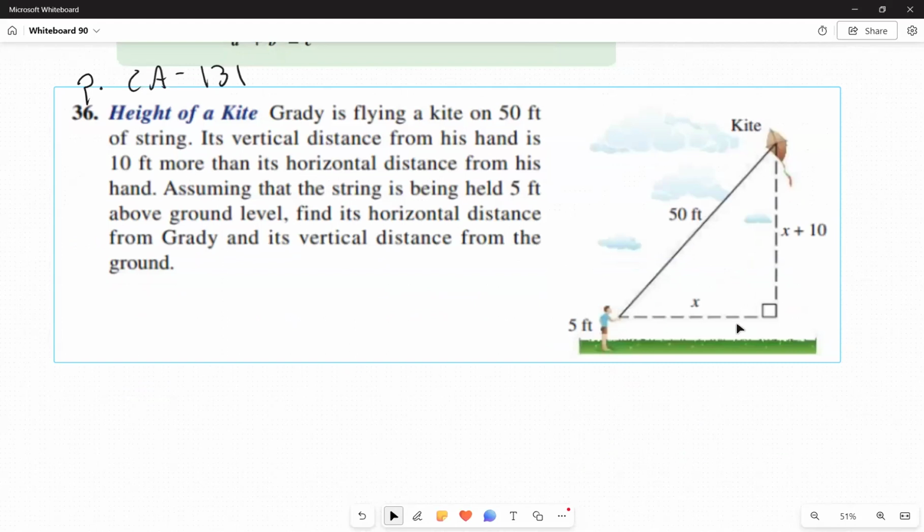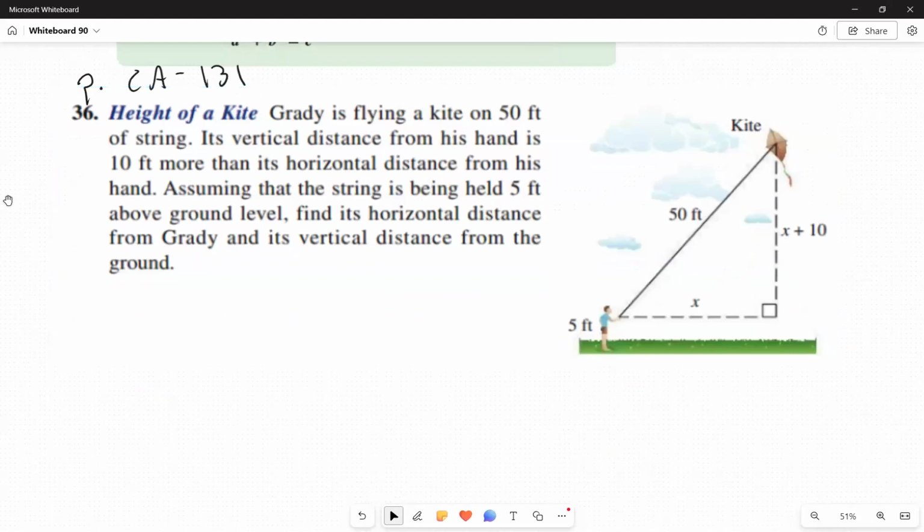So they gave you the diagram. That's a great thing. Just be careful when you find the distance from the ground. If Grady's hand is 5 feet above the ground, that's going to be x plus 10 plus 5. So the actual height from the ground to the kite is x plus 15.